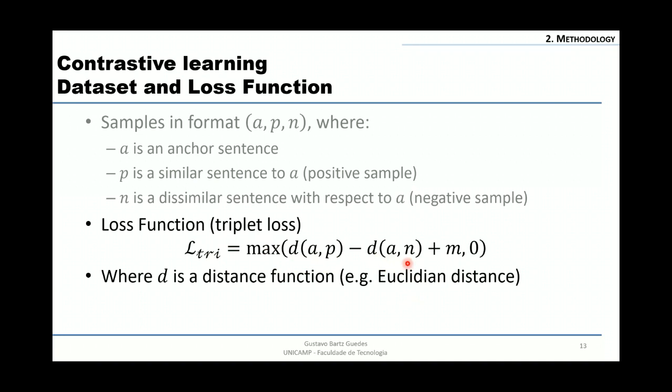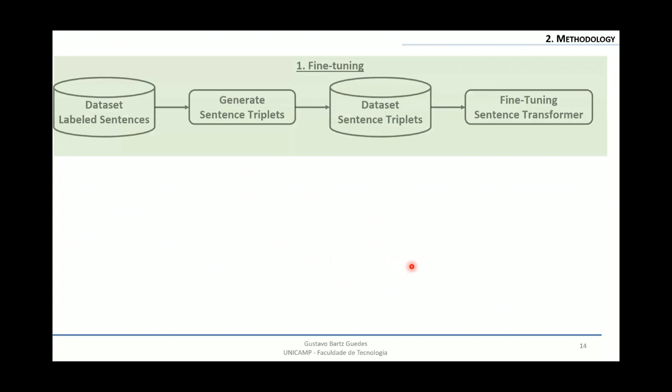And so we want to optimize this in a way that the anchor sample and the positive samples get closer together in a vectorial space, and we want to push the negative sample away in the vectorial space. In natural language processing, we can also call this the embedding space, but since an embedding is a vector, it's the same as a multidimensional vectorial space. So this is the first stage.